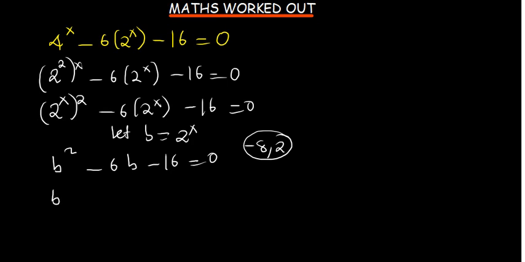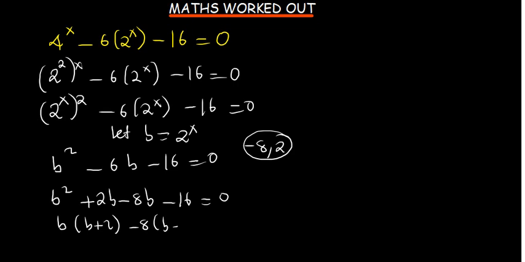So this is going to be b squared plus 2b, then minus 8b minus 16 is equal to 0. This is going to be b plus 2, and negative 8 times b plus 2 is equal to 0. So that gives us b minus 8 times b plus 2 is equal to 0.